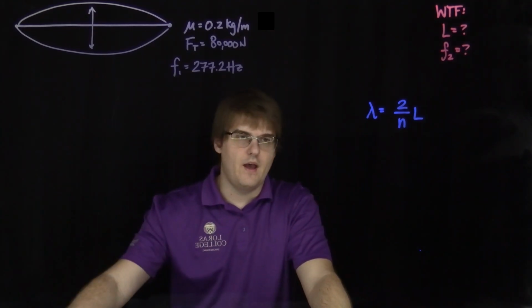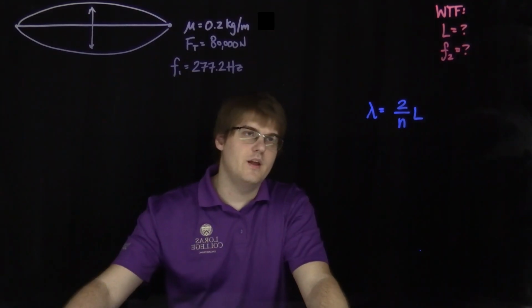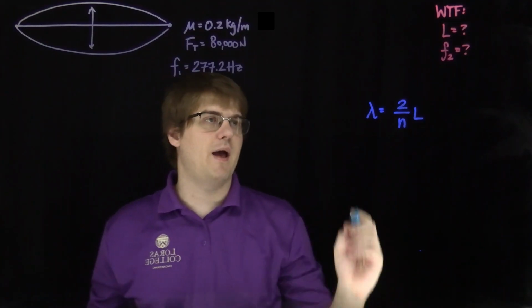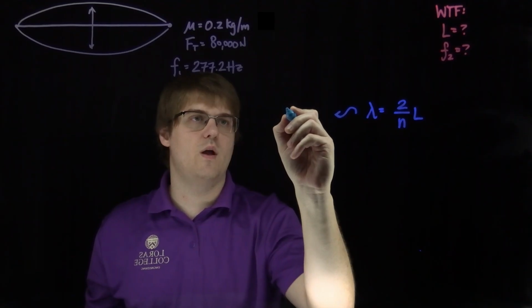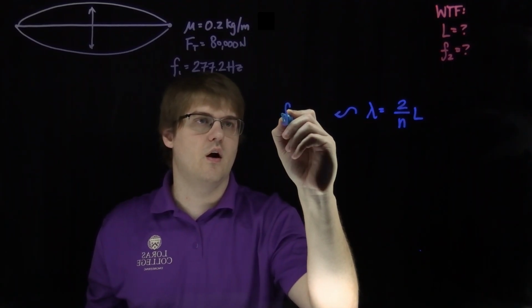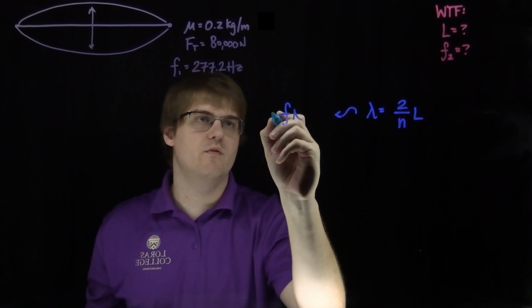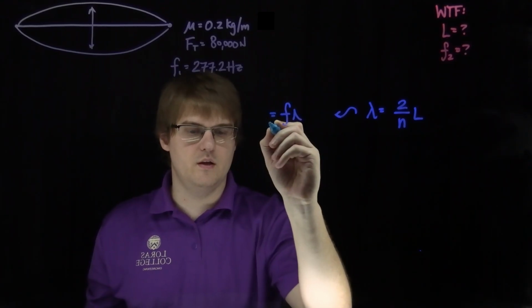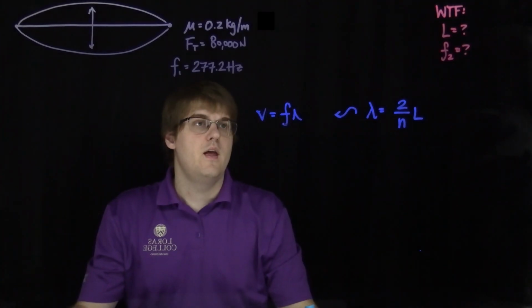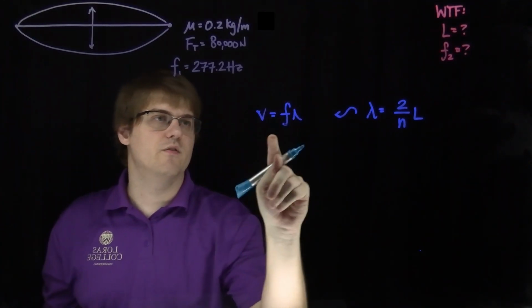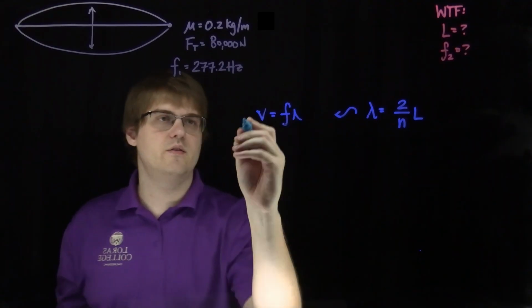And with what we have, in order to get wavelength, we're going to have to backtrack, and we're going to end up using our wave equation. Our frequency times our wavelength is going to be equal to our velocity for our wave. And then we're going to have to backtrack even further because we do not have this velocity.